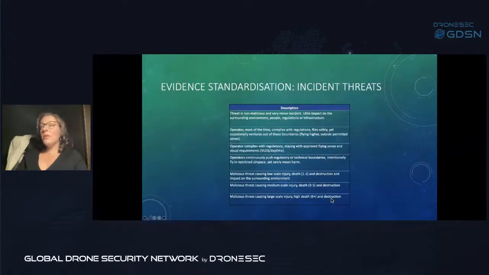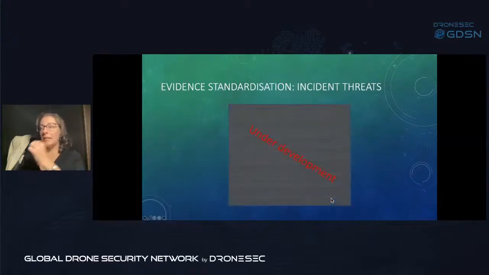The next one that we're working on, it's in progress, is incident threats. And this is basically more like putting in a threat level that we can assign to an incident. And this is taking a little bit more time than I had thought, gathering everybody's idea or how they currently would categorize a threat of an incident and what they mean by this.